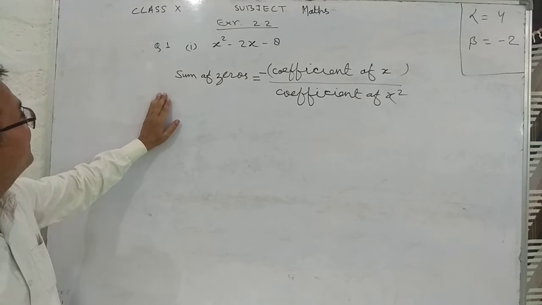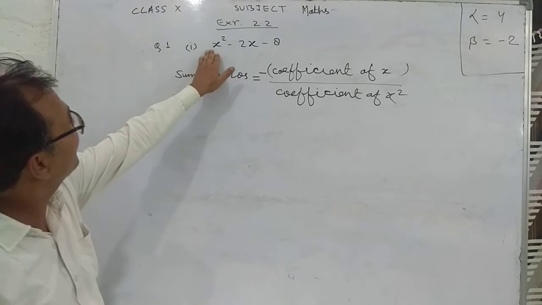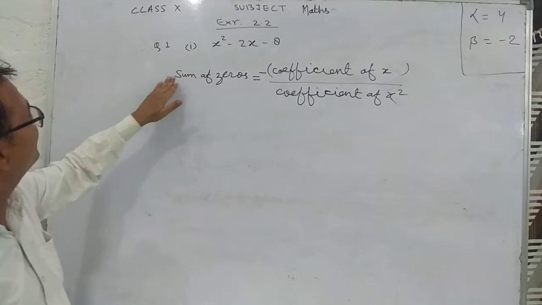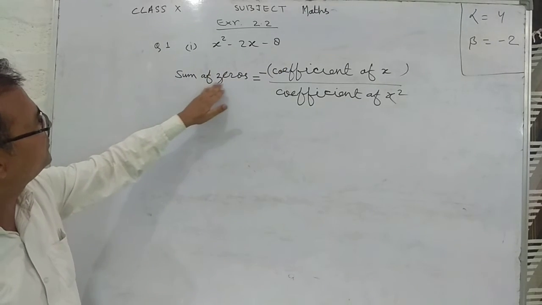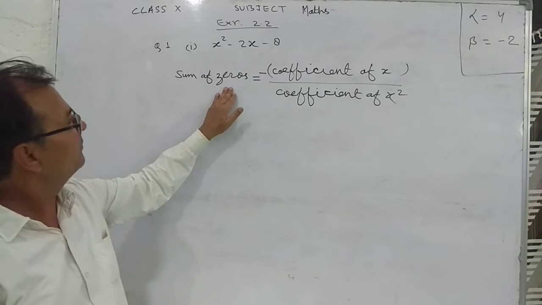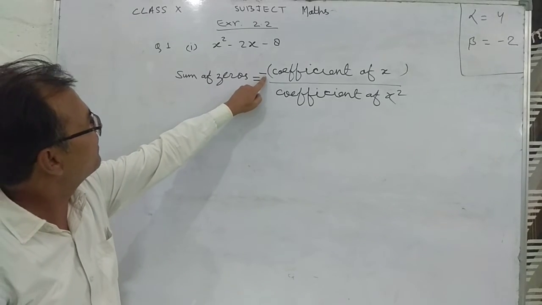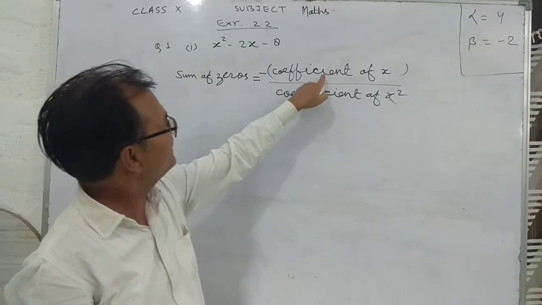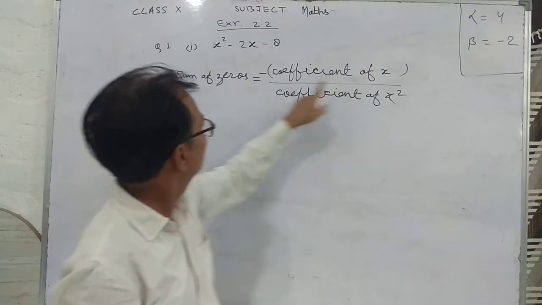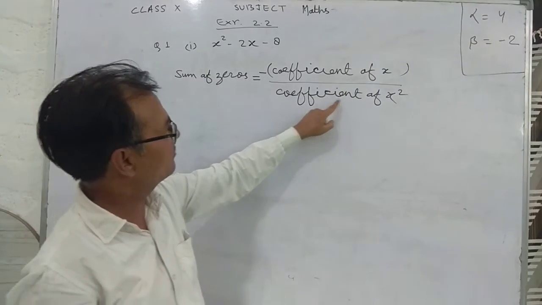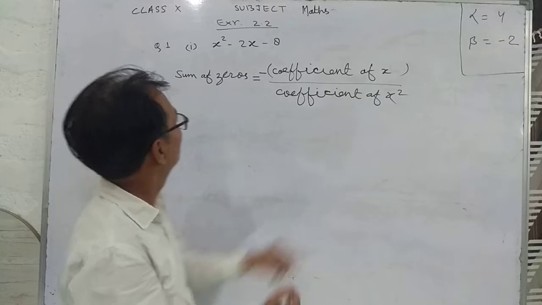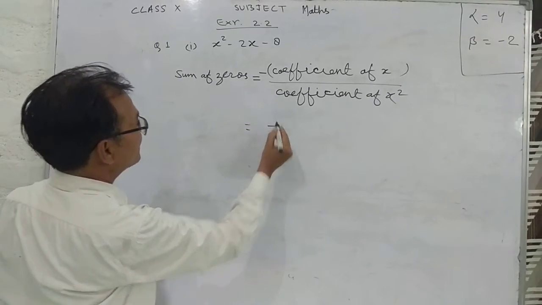ऐसा करने के लिए हमारे पास में डायरेक्ट इस क्वाड्रेटिक पॉलिनोमियल से सम ऑफ जीरो we can write as minus coefficient of x upon coefficient of x square.